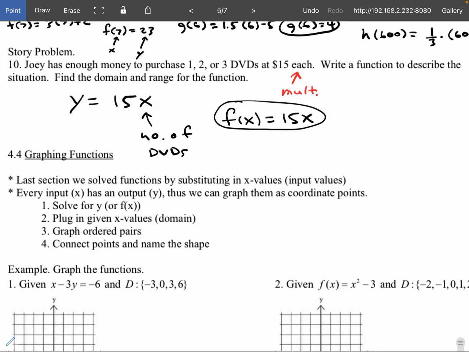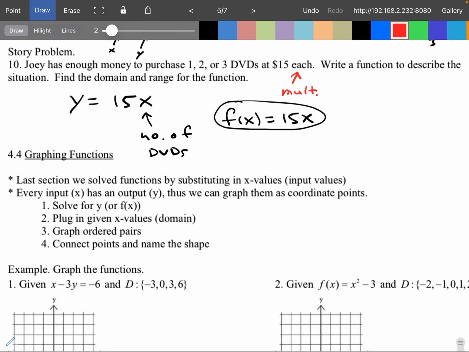And then it says, on this one, they want you to write down the domain and range. Well, the number of DVDs is your x value, right? That's what I said right here. So this is your independent variable, this is your input. So your domain is your x values. And the only x values we have for this one are what?